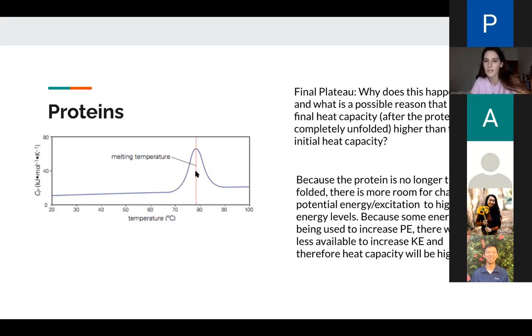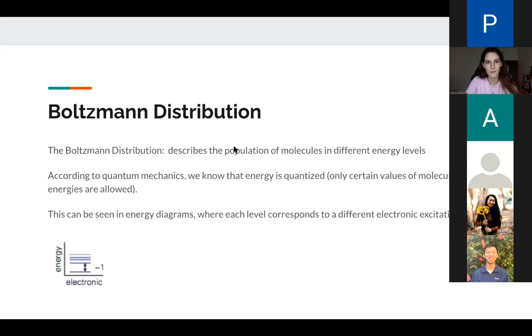And the reason for this is because the protein's no longer tightly folded, it's now unfolded. So there's more room for changes in potential energy or excitation to higher energy levels. Some energy is being used to increase the potential energy, so there's less available to increase kinetic energy, and therefore the heat capacity will be higher.